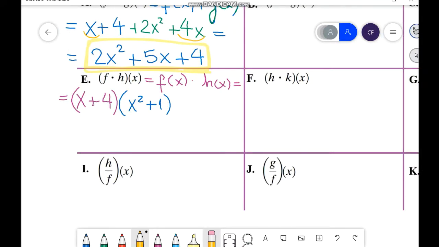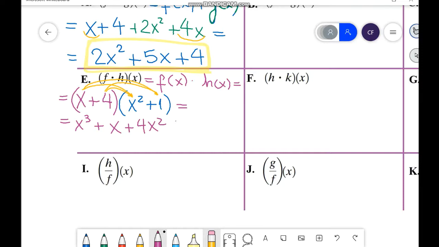Remember, at the beginning of the course, we worked on the distributive property. So you're going to apply the distributive property here, or the FOIL method, which is another way of calling this kind of distributive property. X times x squared, x cubed. X times 1, x. 4 times x squared, 4x squared.